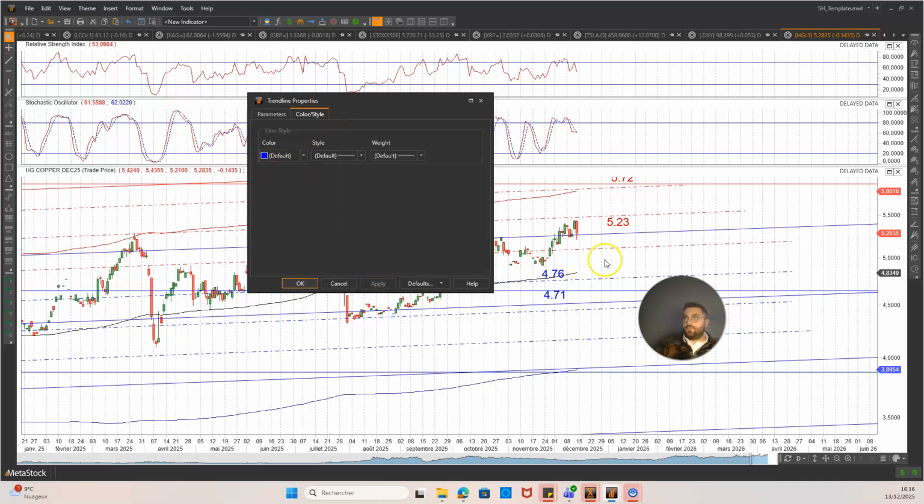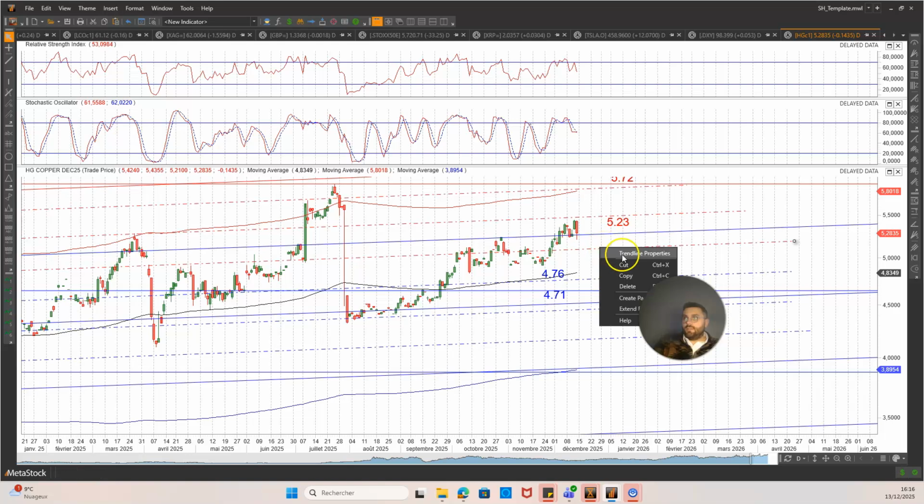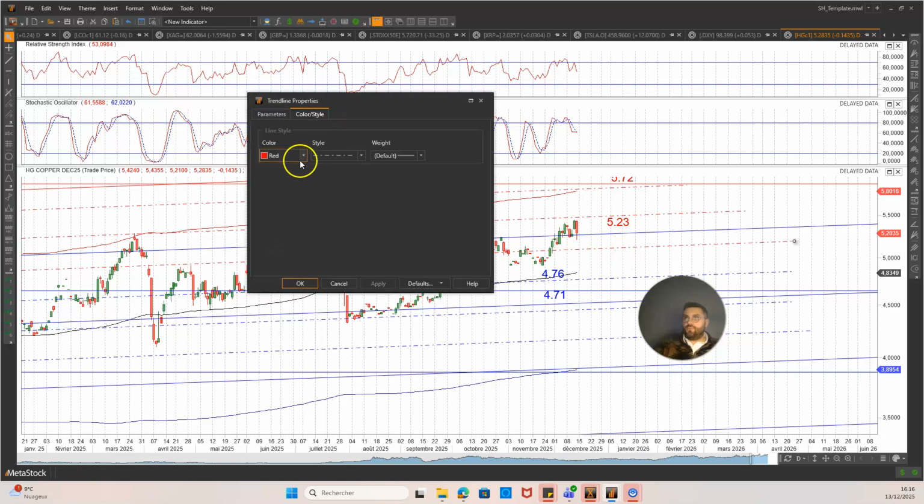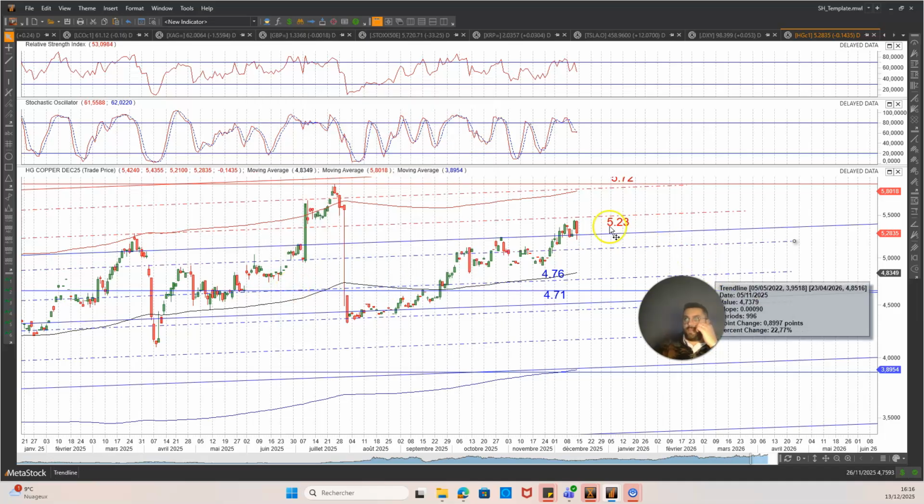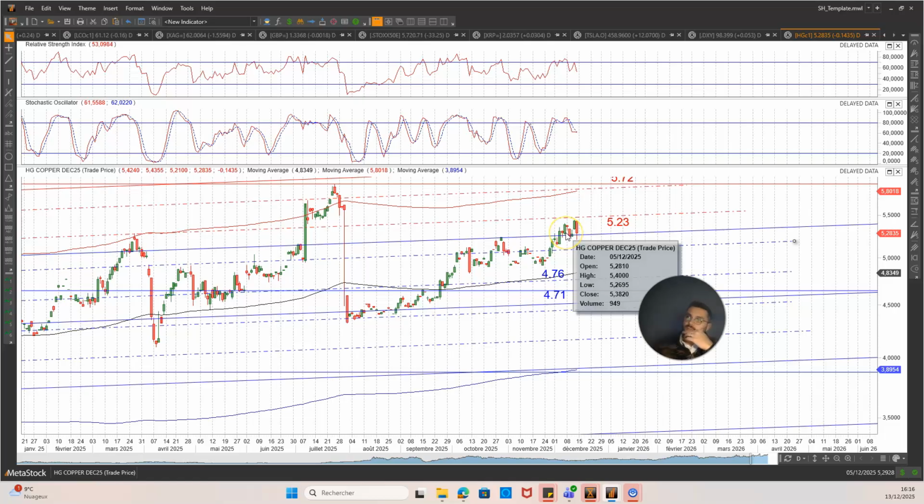I usually qualify support as blue, resistance as red. And right now prices are testing the support, but there's no indication of oversold condition, so you guys don't do anything.